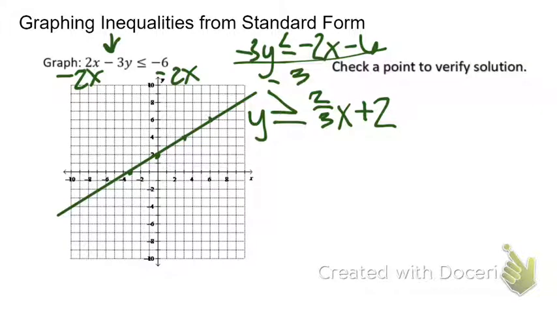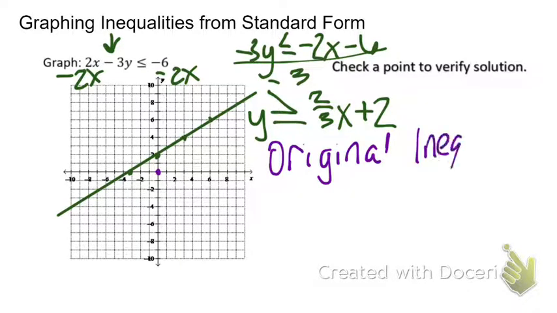Now to check the shading, I did flip the symbol, but let's say you forgot to flip the symbol, and maybe you thought, let's try 0, 0 first. It's really important here that you always check your original inequality in case you made a mistake solving it. We wouldn't want to keep that mistake while we're checking. So always go back to the original inequality.